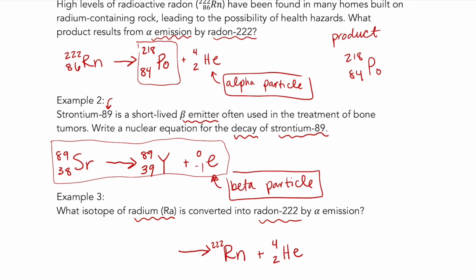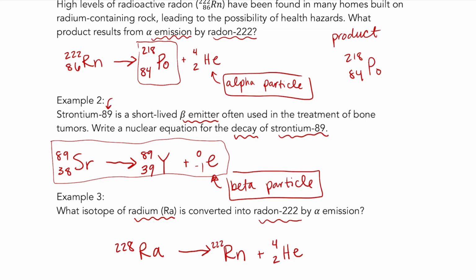And it says we're starting out with radium. What isotope of radium was converted into radon-222? So we have radium here, and radon-222 and the alpha particle are the products.